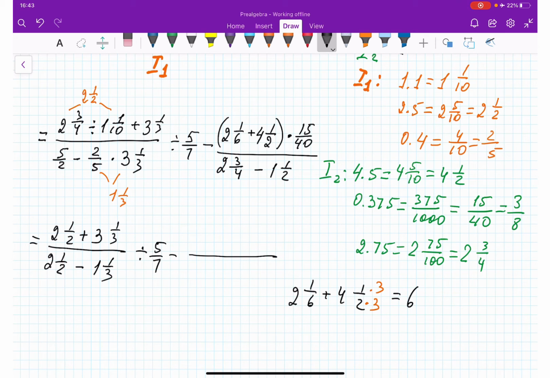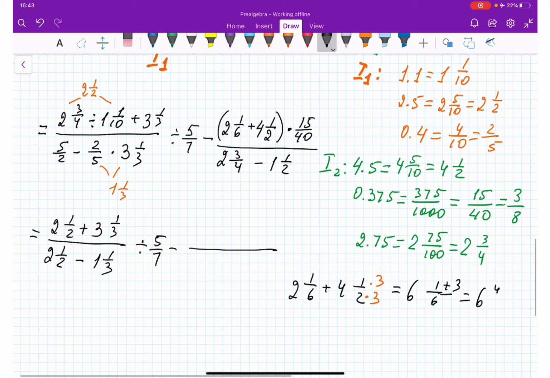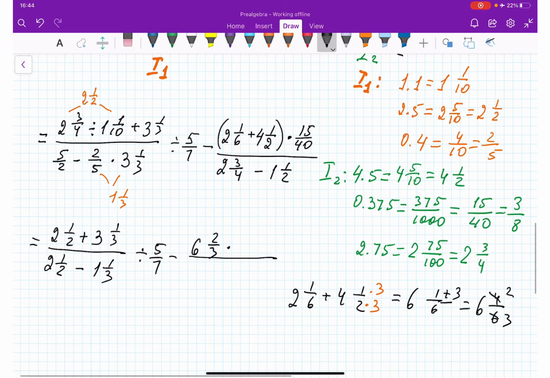And we get 1/6, and plus here will be 3, right? So we get 6 and 4/6. This is 2, this is 3. So we are getting 6 and 2/3, and times 15/40, well, we simplify, right? 15/40, reduced by 5, we get 3/8.